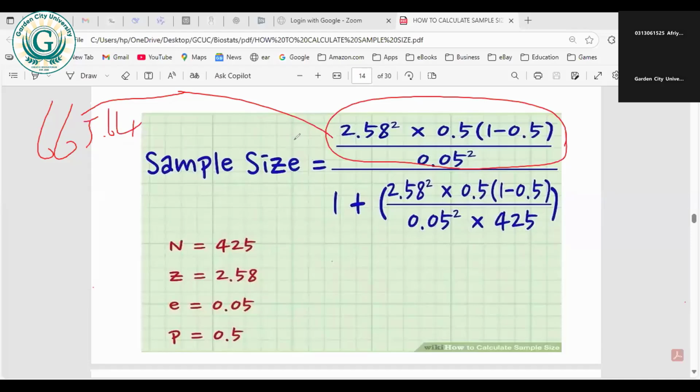I remember I said that it's always advisable you work with 4 decimal places. Okay, so now let's move on.